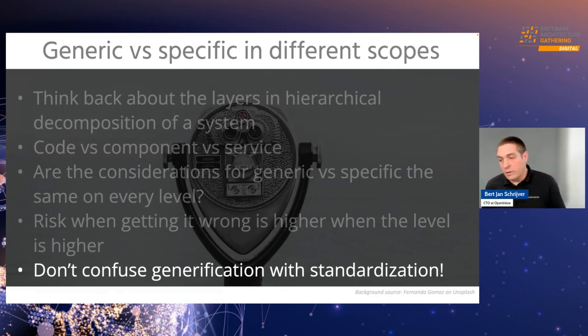That doesn't mean that you need a standard REST library and do everything with, I don't know, Java and Spring. If you standardize on REST, then you can still have specific implementations in different parts of your organization. So having standards on how to approach stuff doesn't mean that you should solve this in a generic way. You can still have specific implementations of standardized approaches.